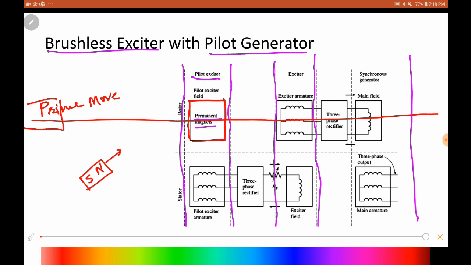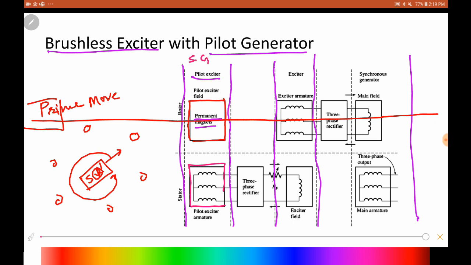If you rotate this magnet, you have a rotating magnetic field, and if you have windings on the stator, it will generate the three-phase voltage. Okay, simple. So the permanent magnet generates voltage in the three-phase winding, which is on the stator. This is again the same idea as the synchronous generator.